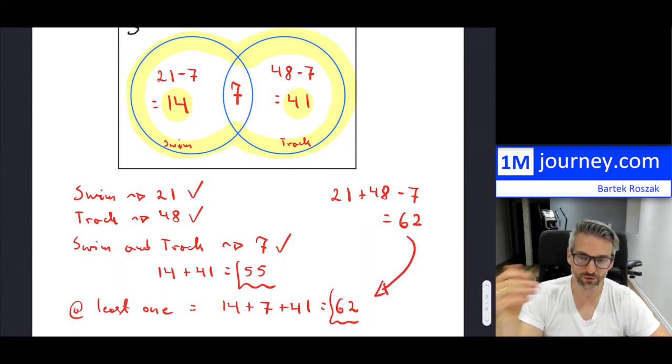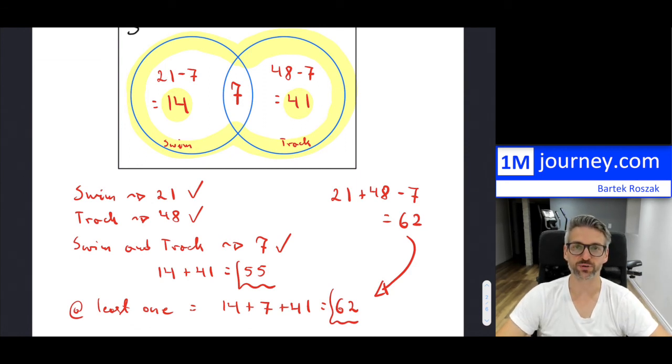So you can go about finding the union of the two sets in 2 different ways.